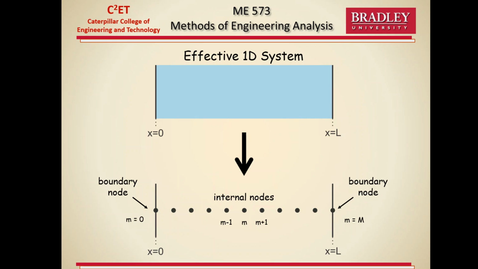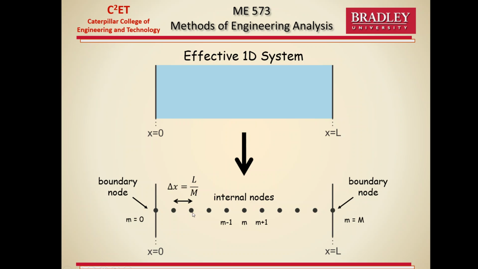Right? So we've got, actually, I take that back, capital M plus 1 nodes because we started counting at 0 here. This is subtle. Keep that in mind. If we call the boundary node the 0th node, there's actually capital M plus 1 total nodes.